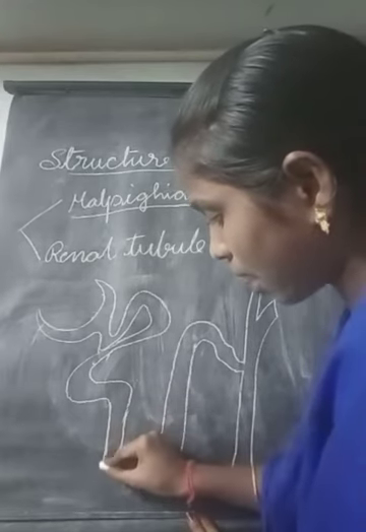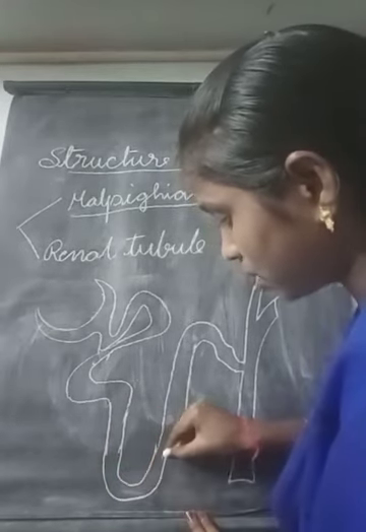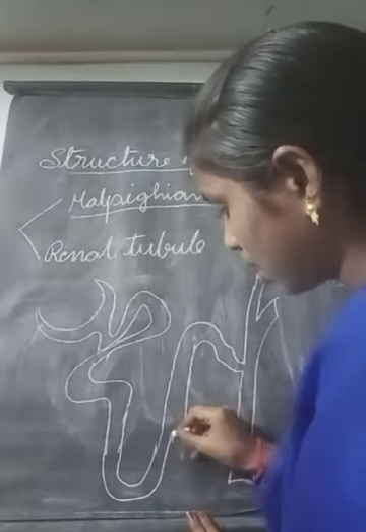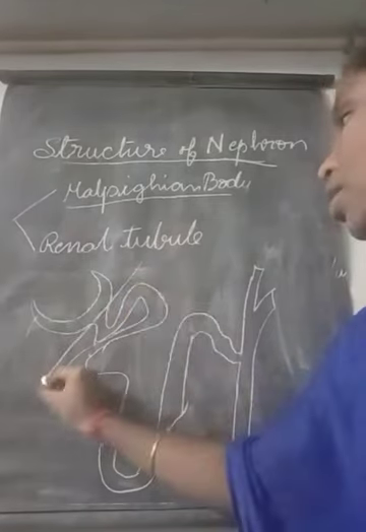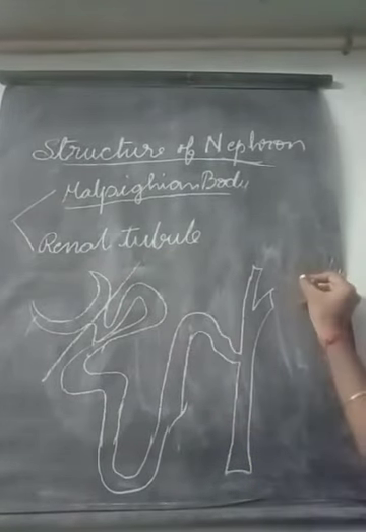The down part of the nephron is very thin compared to the upper part of the nephron. So today we are going to learn this particular part.